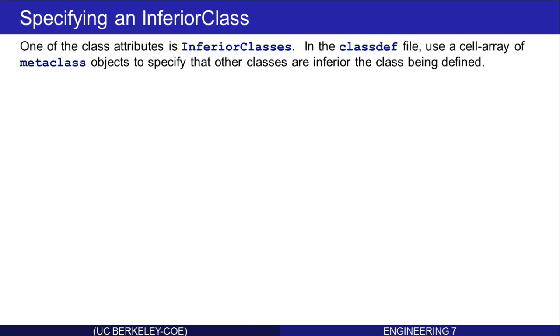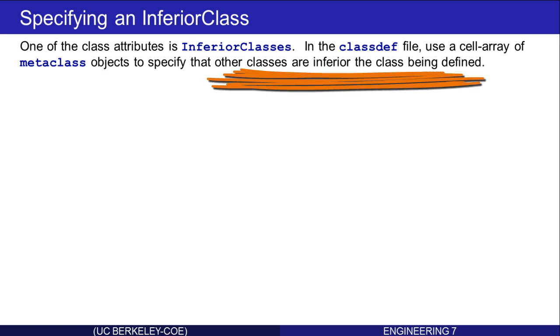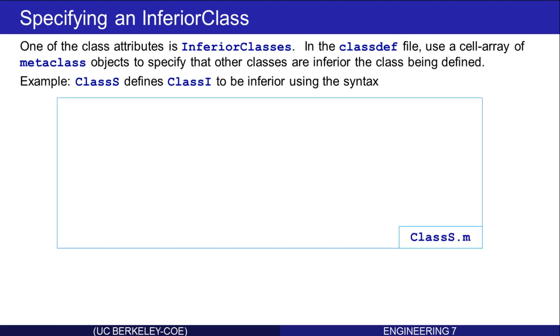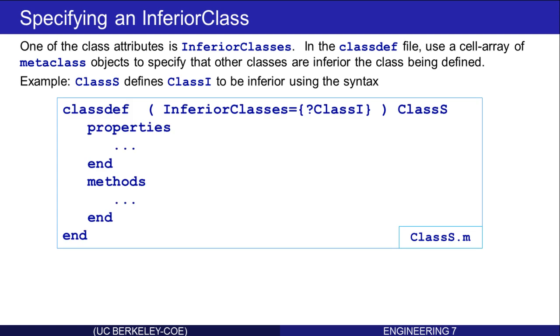As I just mentioned, there's a class attribute called inferior classes, and in the class def file, use a cell array to specify which other classes are inferior to the class being defined. For an example, let's suppose that class S is defining that class I should be inferior, and that's done using the following syntax. Here's the class S class def file, and it's right here, this line in the middle.